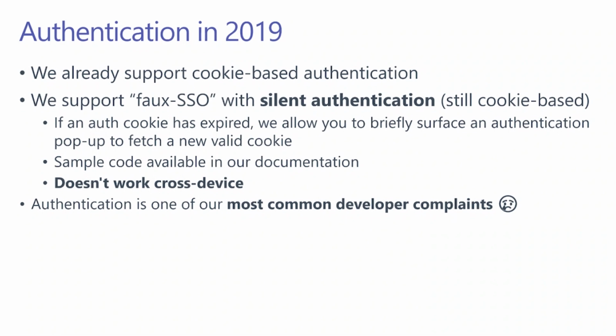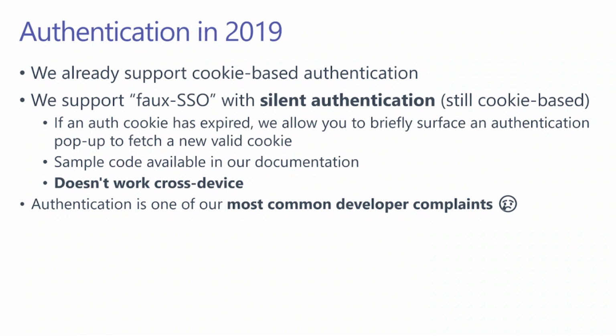So before single sign-on, we had regular authentication. We had authentication inside of our apps, inside of Teams, and predominantly, for tabs specifically, that authentication model was cookie-based. And for some of you who are unfamiliar, there tends to be two major categories of authentication. The first one is cookie-based authentication.